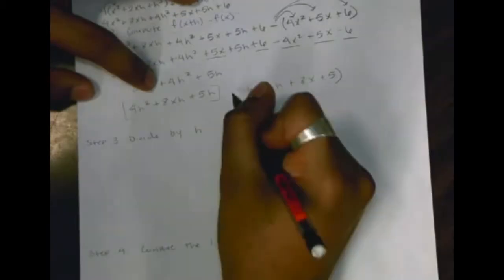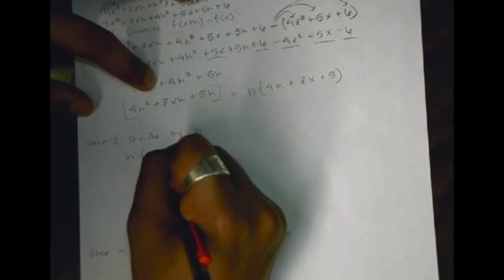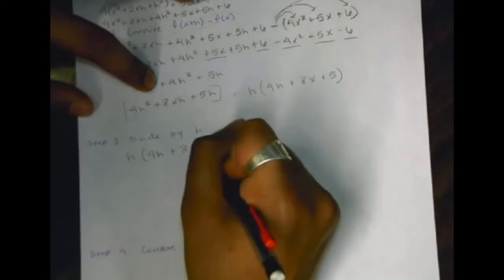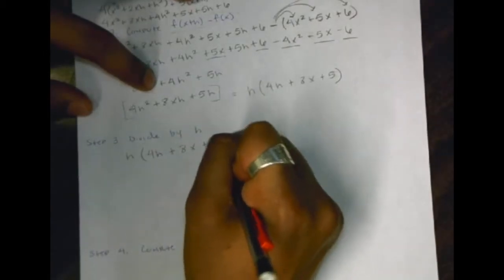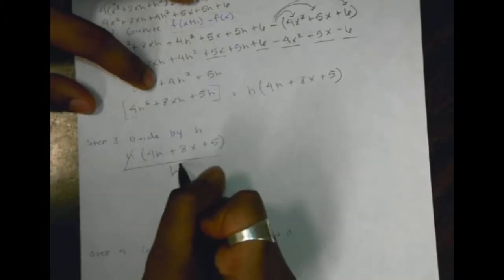So I'll divide this by h. If I do that, these two h's cancel, and I'm left with 4h plus 8x plus 5.